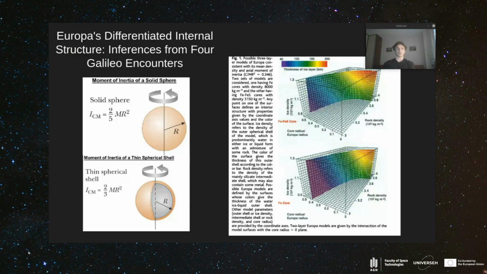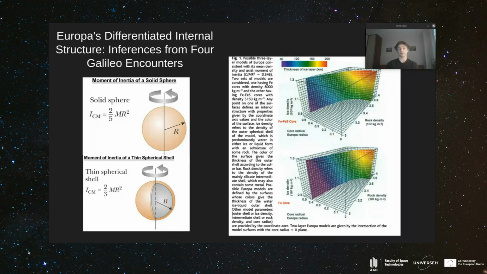Some of you may know that moment of inertia is the rotational analogue of mass in linear motion. We have rotational motion and we have moment of inertia, we have linear motion and we have mass. And here I have shown two values for the solid sphere with evenly distributed mass.